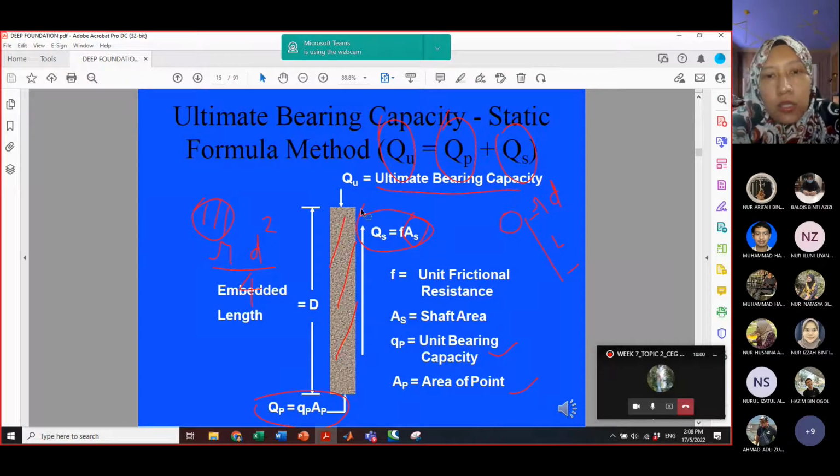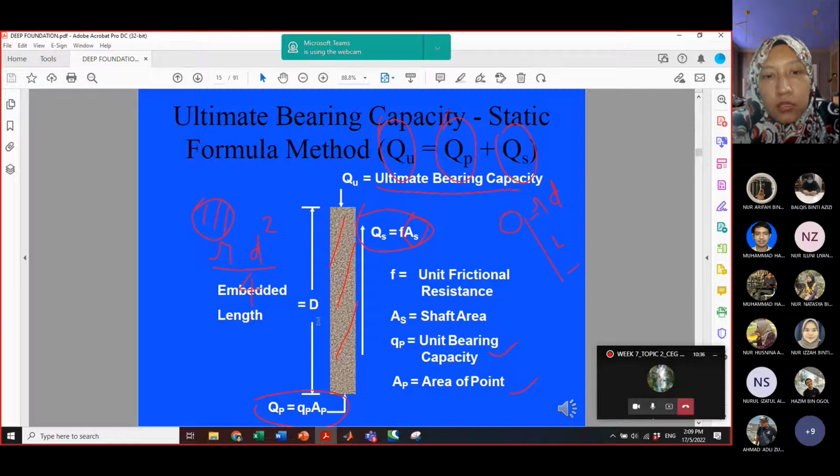So the ultimate bearing capacity of the single pile comes from the skin capacity QS, which is calculated from f times AS, where AS is the skin shaft area, and f is the unit frictional resistance, while QP is the end bearing, which can also be calculated from the formula qp times AP, the area of the point or the area of the base of the pile.